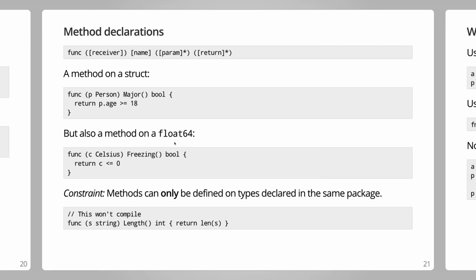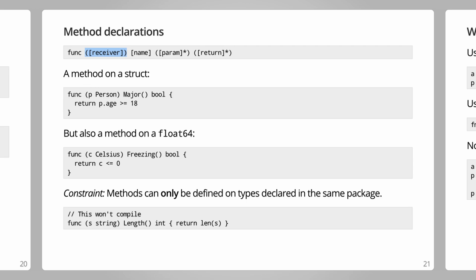Now, methods are really just functions in disguise in Go, and this is how we declare a method. A method is something that operates on a struct in Go, and we declare it in the same way, but instead of just giving a name of the function and parameters, we specify in parentheses a receiver object or struct.